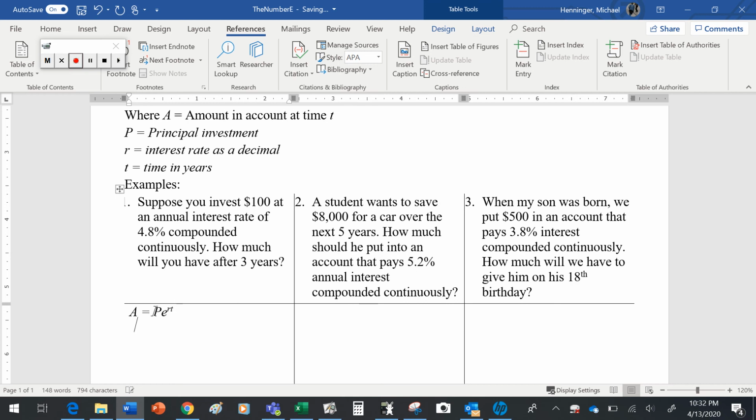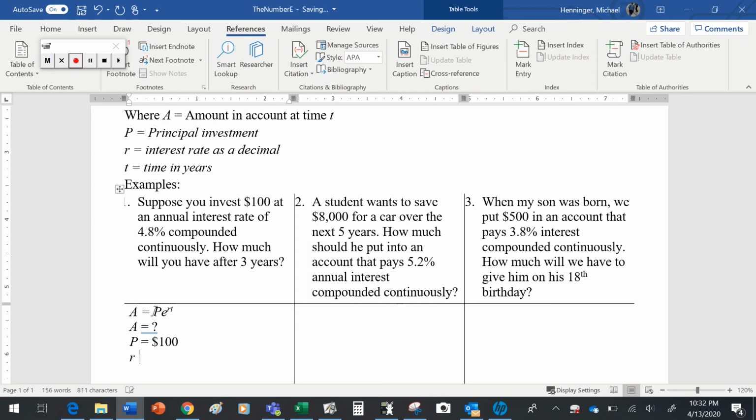In this story, A is the amount at the end of the story, and I don't know what that is. That's what I'm trying to find out. I know that the principal investment was $100, put into the account.